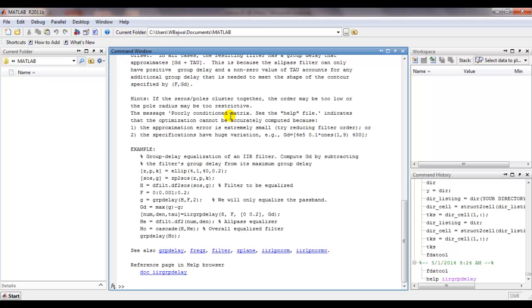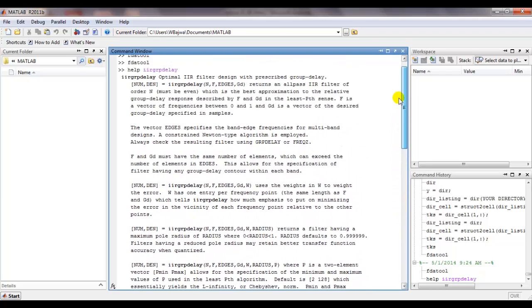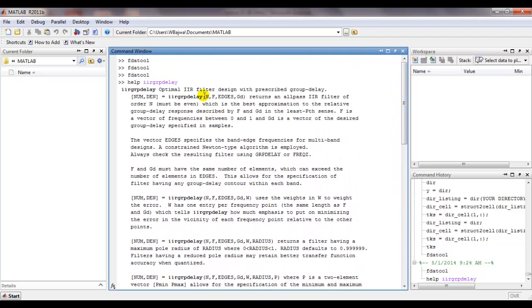If I take the help, it provides all the help that is available about this function, and you could call it using the command line. It's much easier for me to show you the GUI, but if you want to implement or calculate something more, you can also use the direct command line. Each one of the options that we have seen in the FDA tool has a corresponding function that the GUI is calling.